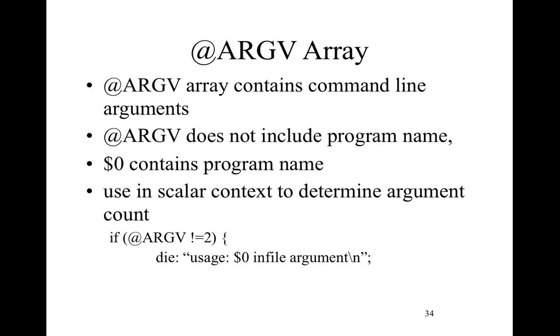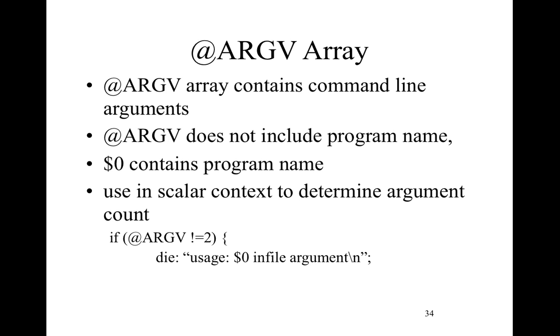So @ARGV is an array. It contains the command line arguments, which is actually kind of funny because it's the same syntax and the same concept, but different between different languages. Some languages treat the arguments like strings, which is what you get in most scripting languages. Some of them treat it like a character array, or excuse me, string array. String array, character array, or flat strings. There are some other variations.